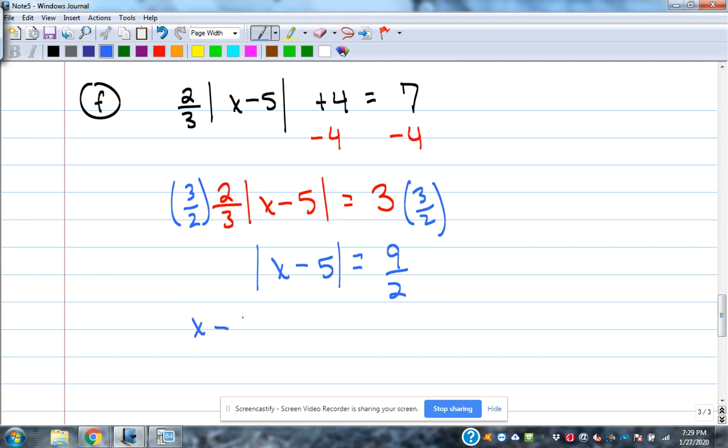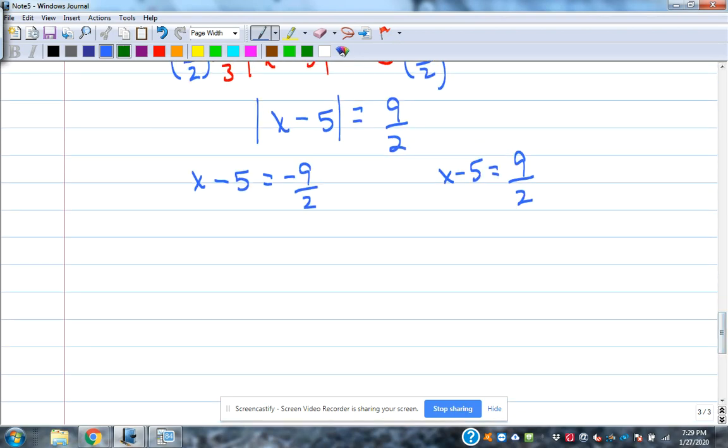So we're going to set up two equations. X minus 5 equals negative 9/2. X minus 5 equals positive 9/2. And then add 5, which is the same thing as 10/2. So that's going to be 1/2.